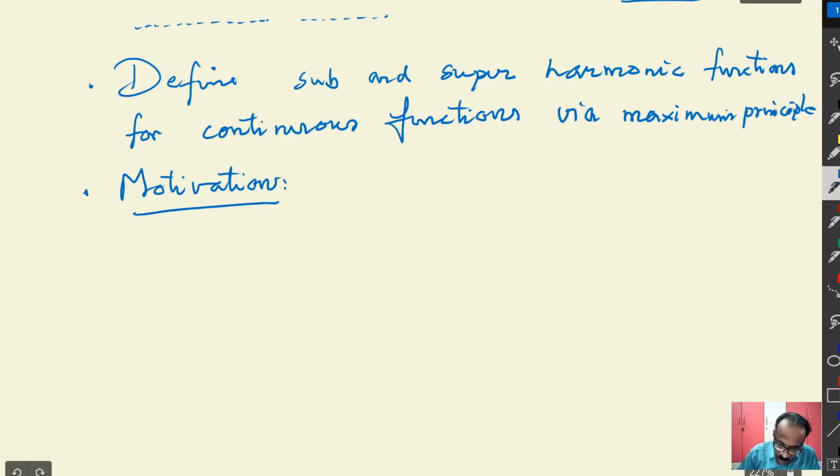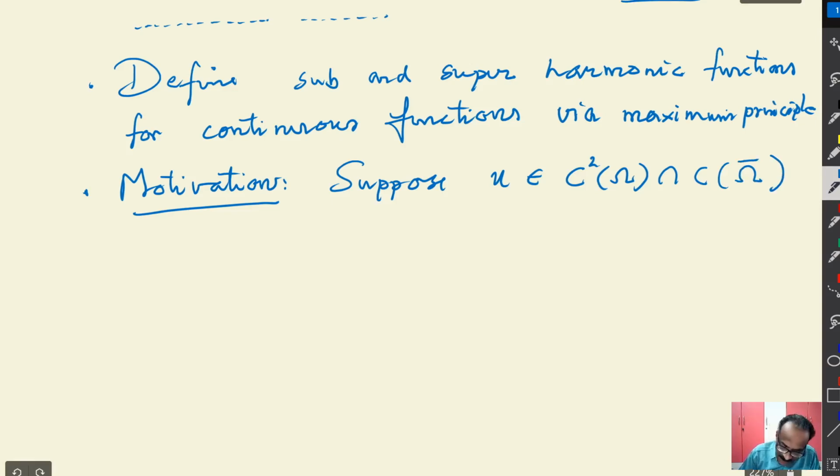Suppose u is in C^2 of omega, twice continuously differentiable. It's a smooth function. We want to define this for continuous functions, but we always start with smooth functions, continuous up to the boundary, and u is sub-harmonic in the classical way.